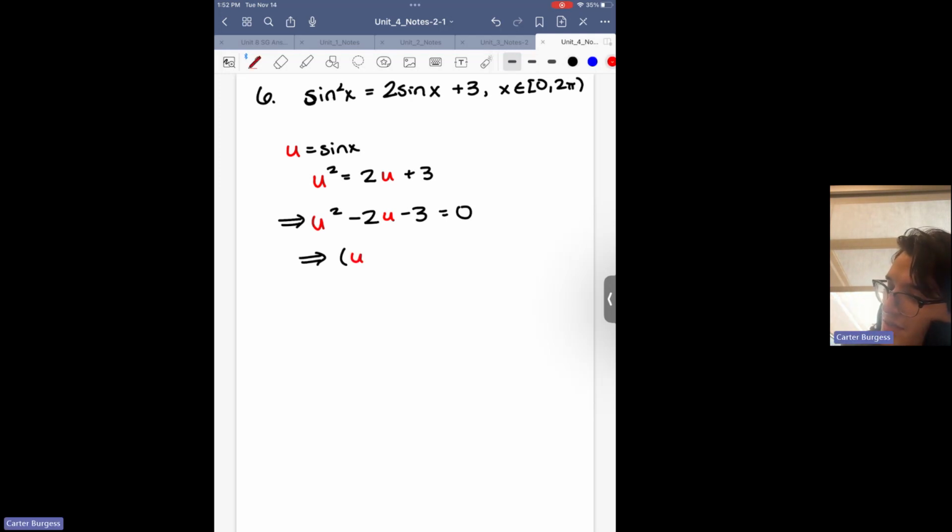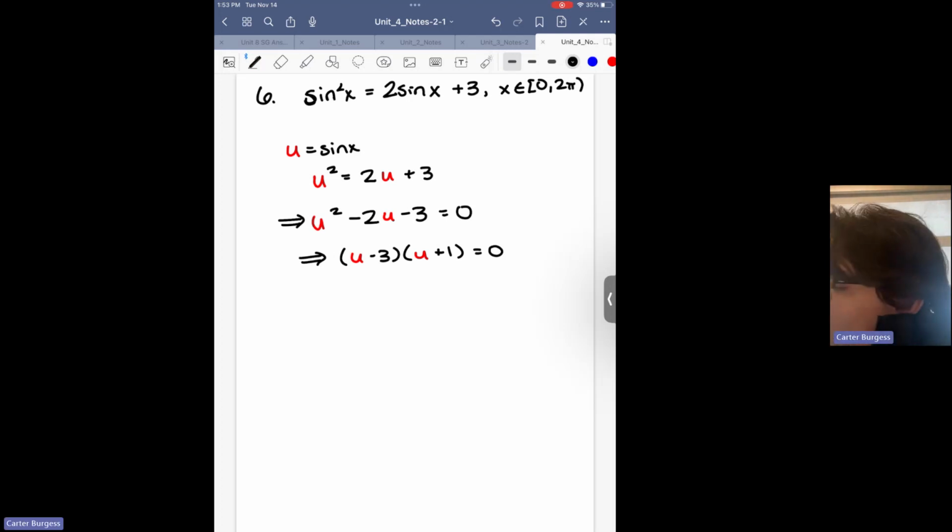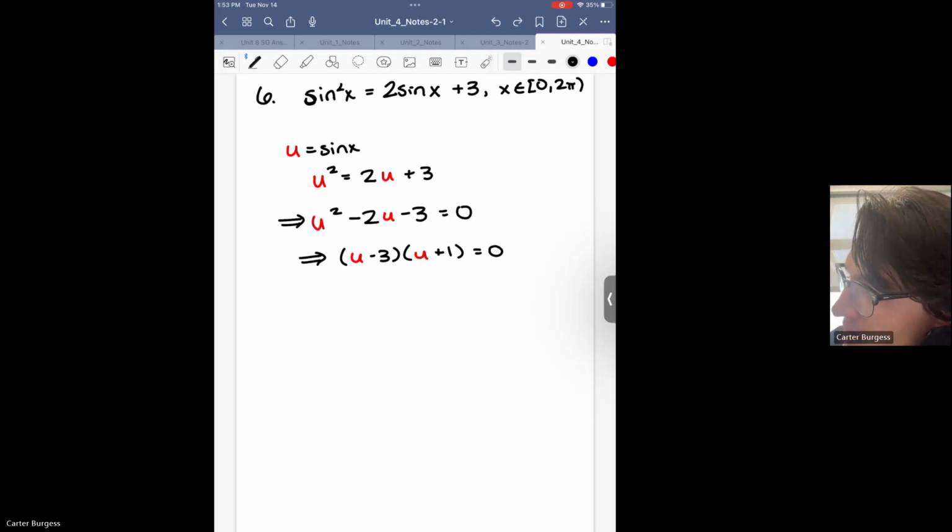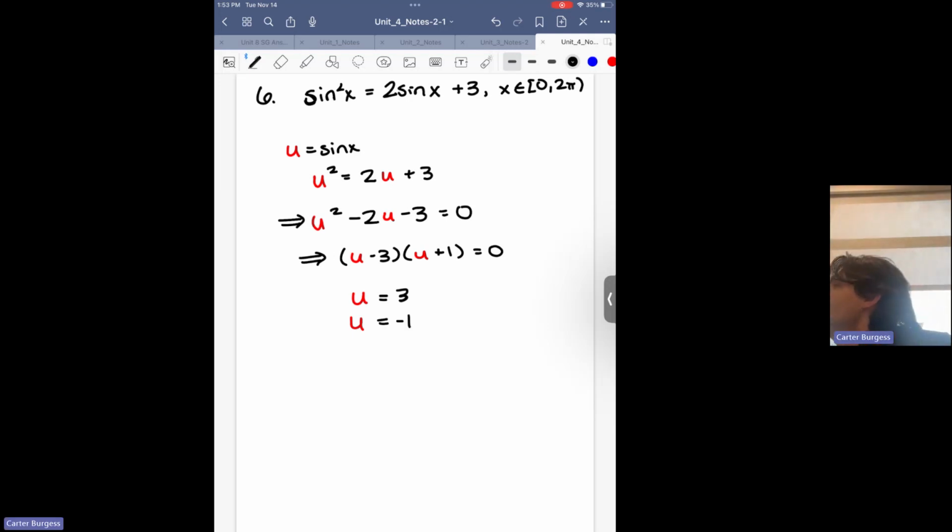Fantastic. u minus 3 times u plus 1 equals 0. And so the two values that I get for u are that u should be 3 and -1.